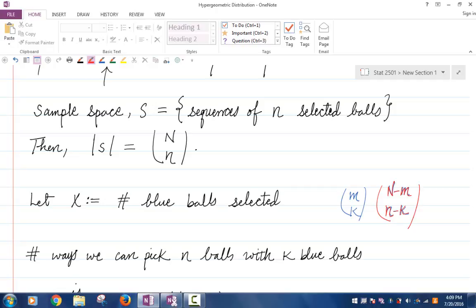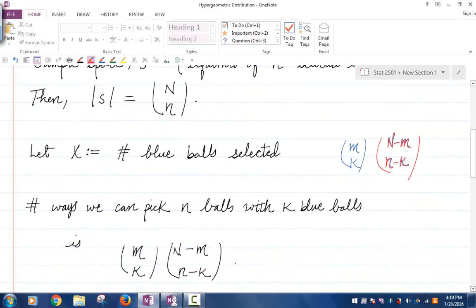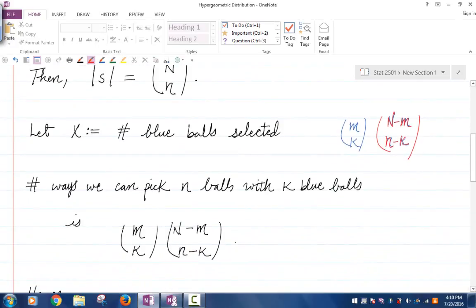So by the multiplication principle, the number of ways we can pick n balls from the urn with k blue balls and therefore n minus k red balls is M choose k times N minus M choose n minus k.